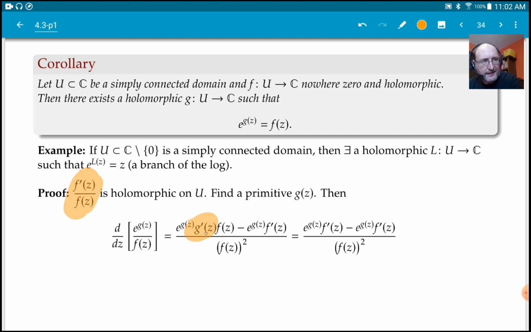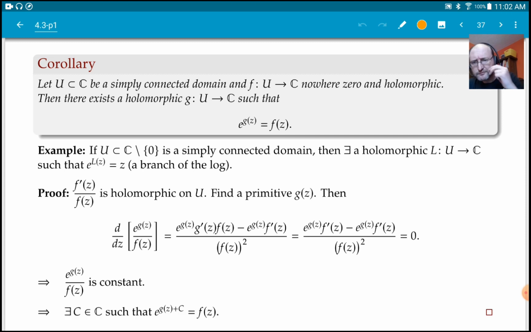If I get f prime over f, then multiplying by f gives me f prime. So I have this f prime over here, and notice that that's the same thing over here. So it's just 0. That means that e to the g divided by f is constant. I don't know exactly what constant, but it's some constant.